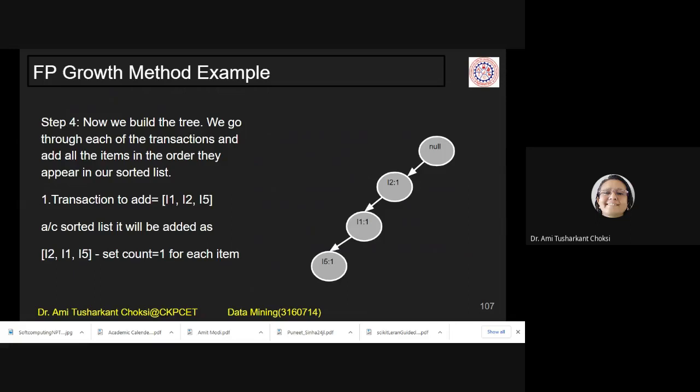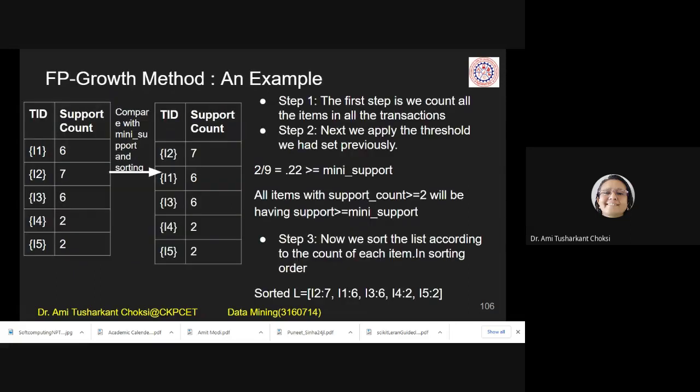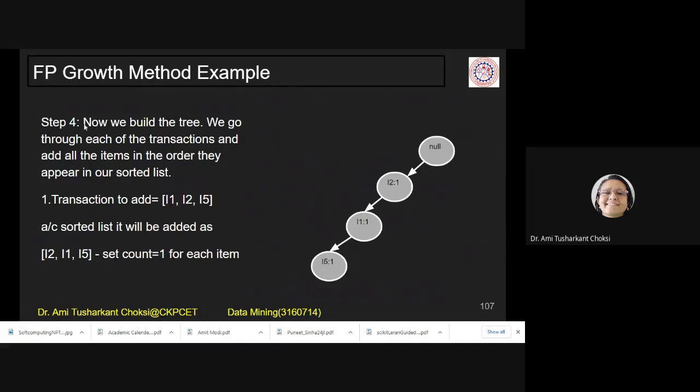Now we build the tree. We go through each of the transactions and add all the items in the order they appear in our sorted list.